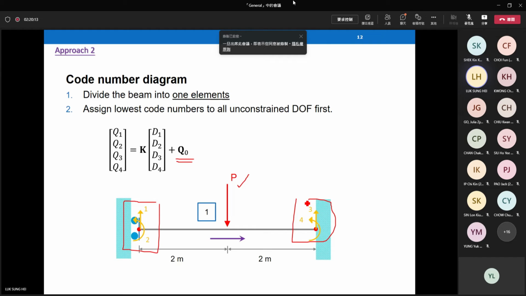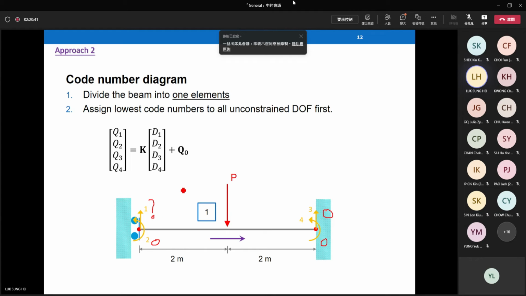Then we assign the code numbers in this manner, 1, 2, and then 3, 4. We just use the textbook suggestions, assigning code numbers starting from positions with unknown displacement. In this question, we have only one unknown displacement, right? Because at the fixed end, we have no displacement, no rotation. And the slider has no rotation, but the slider allows free translation.